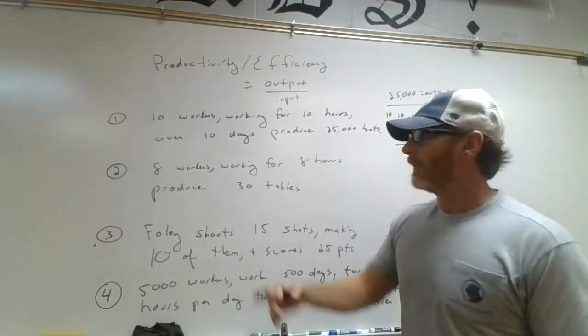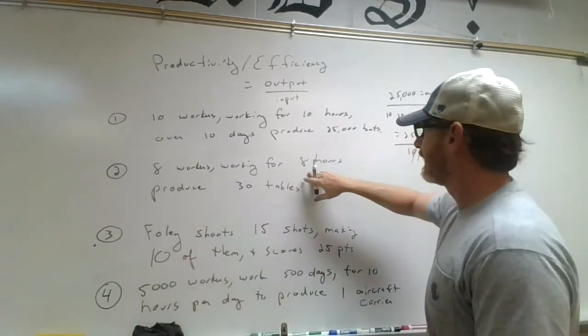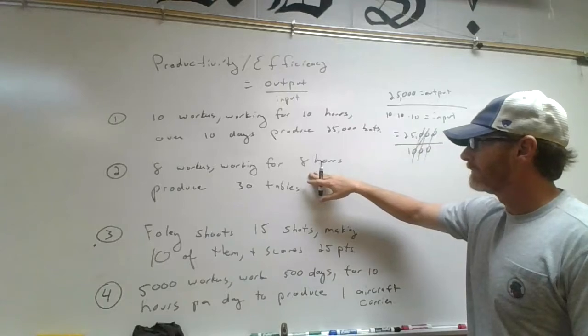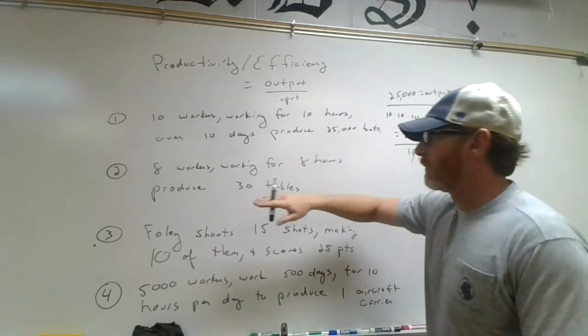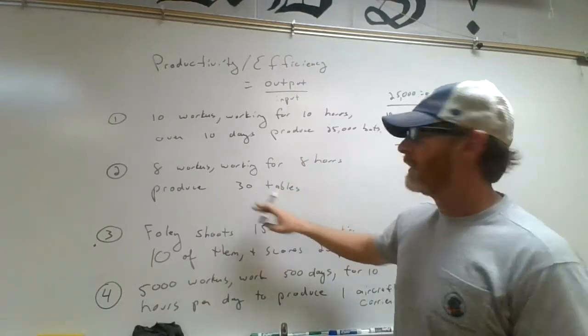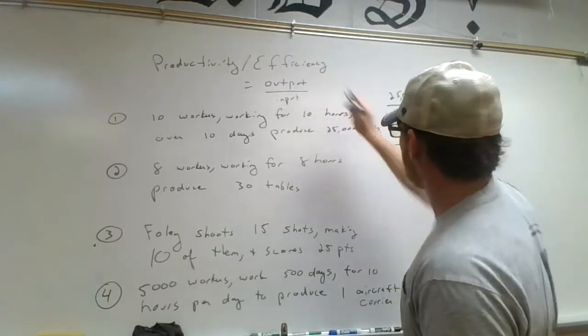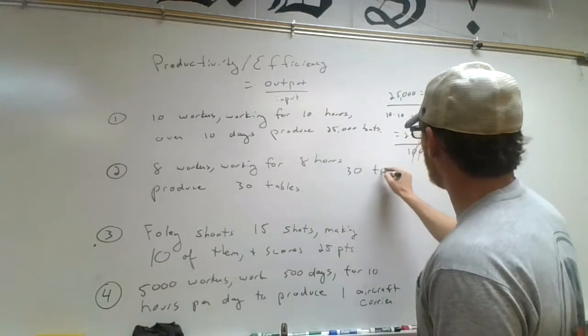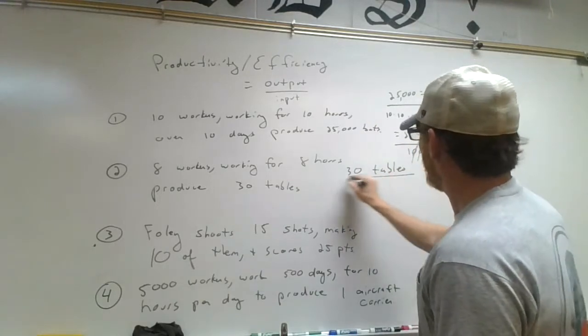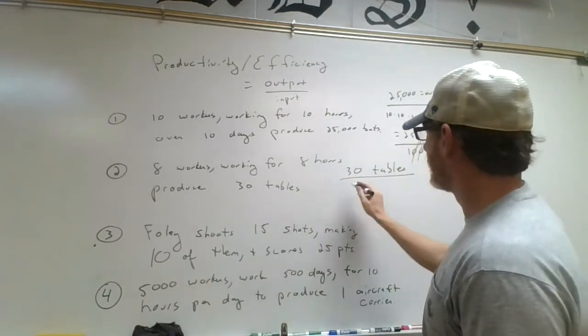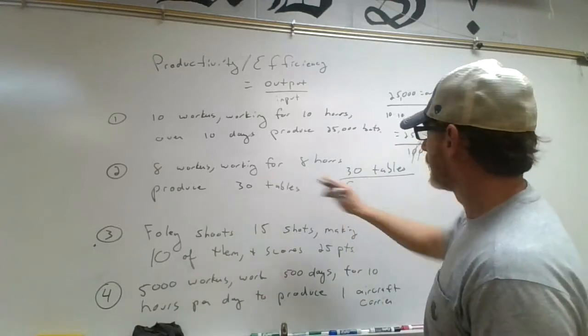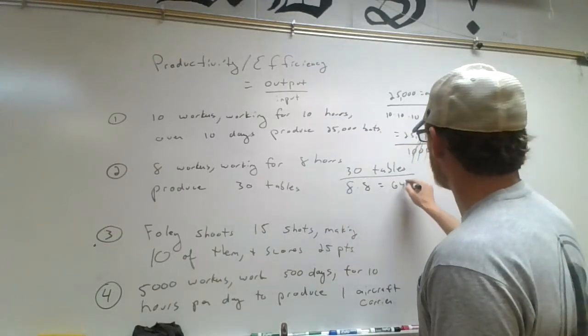Sorry if I'm getting really close. 8 workers are working for 8 hours. Okay? And let's just say it's one day, making 30 tables. So in this case, the output, what we're producing, is 30 tables. And what's being inputted is 8 workers times 8 hours, which is 64.